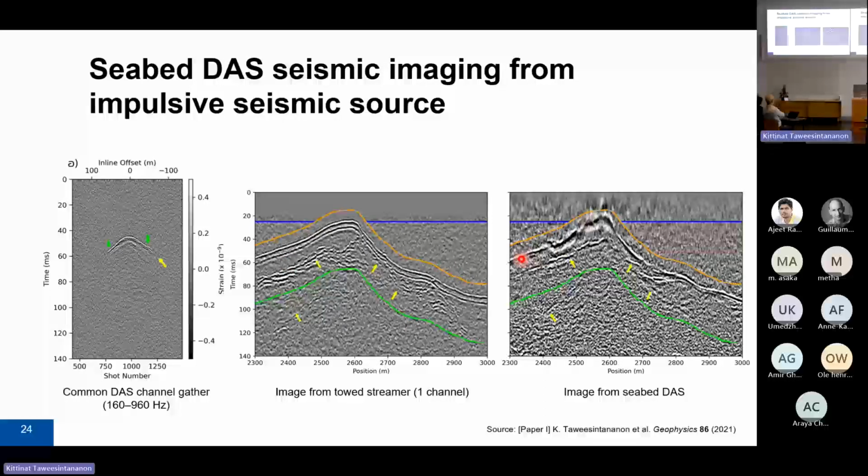We see clearly that the DAS image can give you the structure of the seafloor and also some kind of structure in the subsurface. The line shown here is about determining or calculating the signal to noise ratio, but that is the figure from the paper.